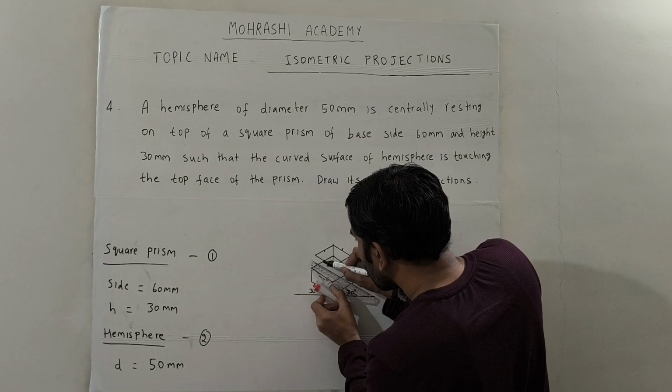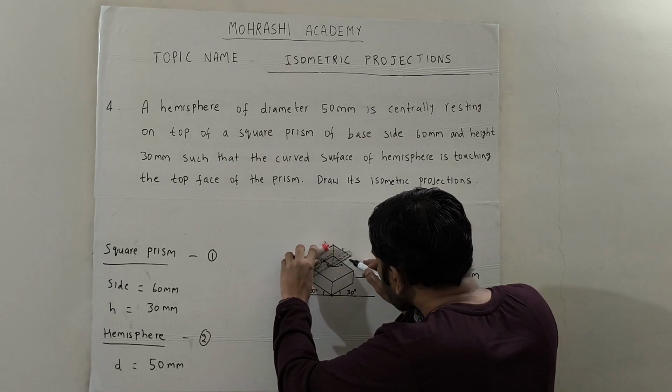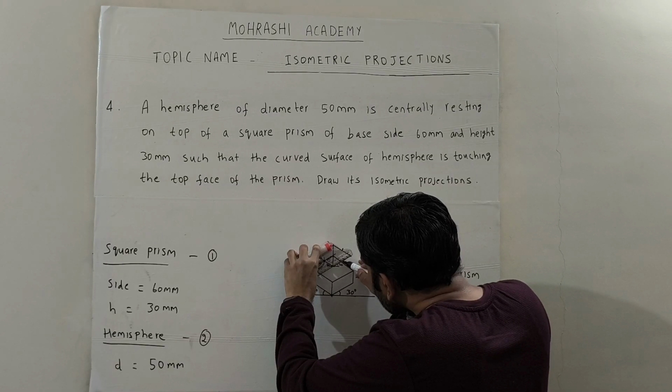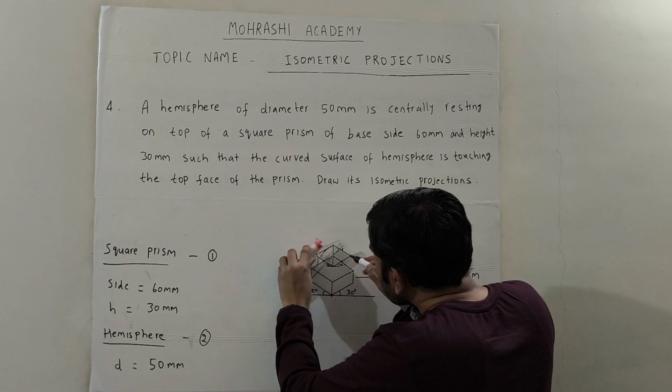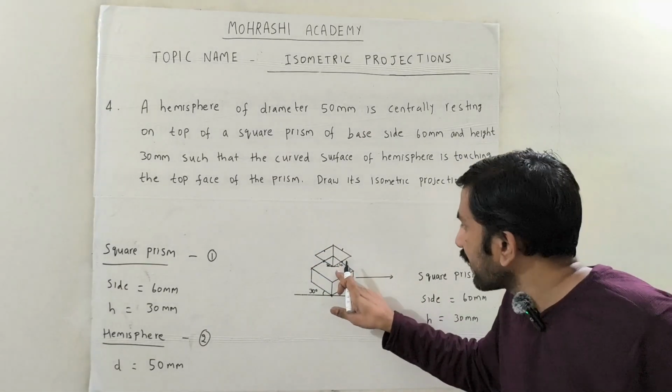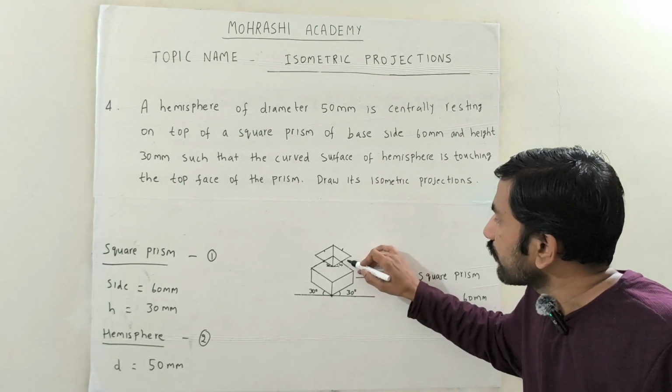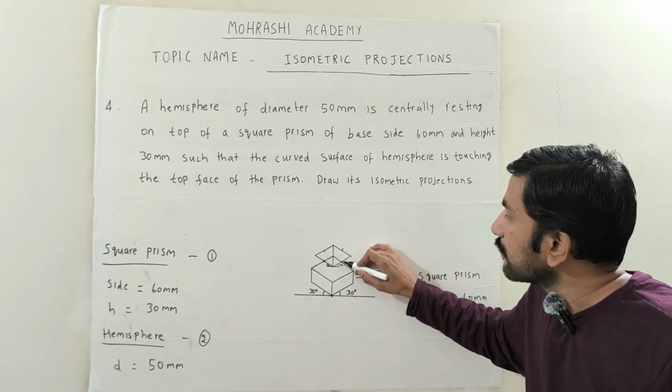Again 25 mm. Again for here also this is 25 mm. See, I will mark the center point of all four boxes. For this, the first 50 mm, 25 mm is the center point.